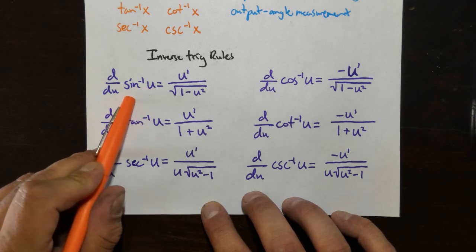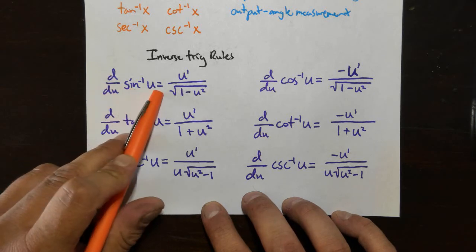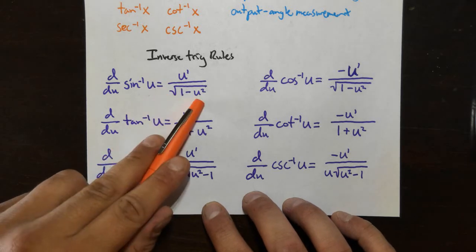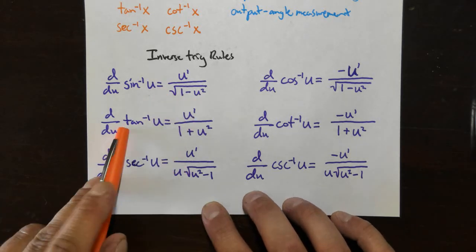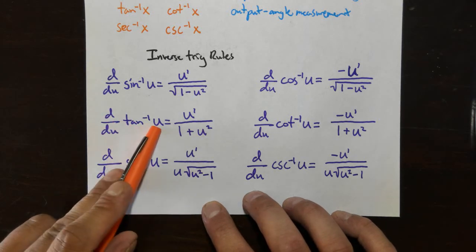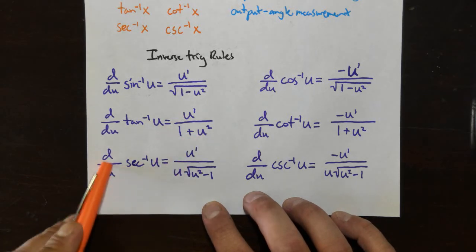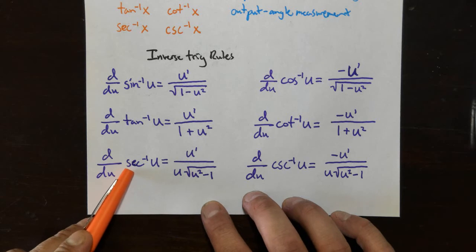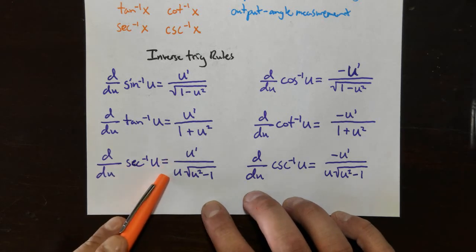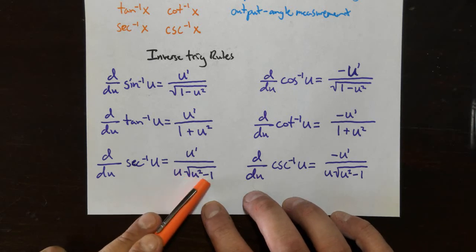So for instance, the derivative of arc sine of u is u prime over the square root of 1 minus u squared. The derivative of arctan u is u prime over 1 plus u squared, and the derivative of arcsecant u is u prime divided by u times the square root of u squared minus 1.